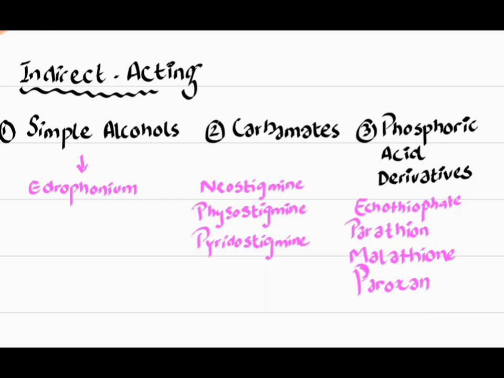And in the third class, phosphoric acid derivatives, we have ecothiopate, parathion, malathion, and paraoxon. Edrophonium is a very important drug in the diagnosis of myasthenia gravis, which is an autoimmune disorder of the neuromuscular junction. Neostigmine, physostigmine, and pyridostigmine have a very important role in the treatment of myasthenia.